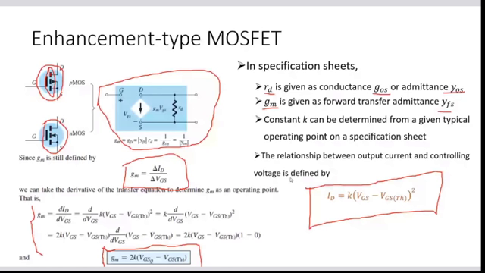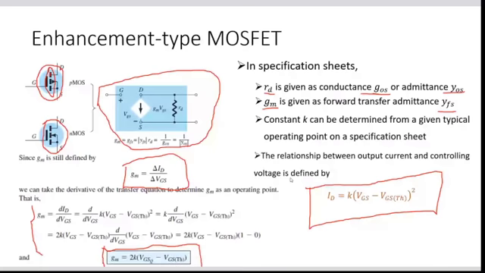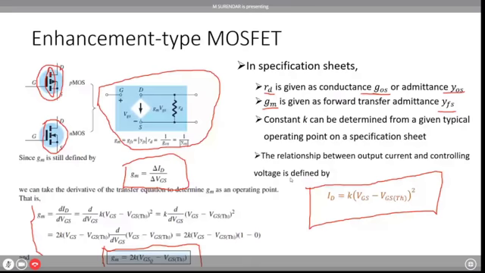RD is the resistance, and you are given the conductance, so you have to take RD is equal to 1 by GOS or 1 by YOS. And gm is the admittance, directly equal to YFS. That is what is written here.